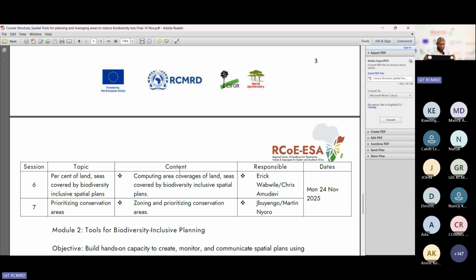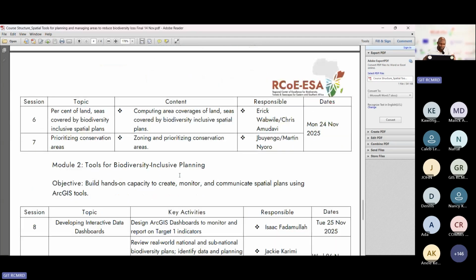Then under session 7, we're looking at prioritization, where we'll be trying to zone and prioritize different sectors of an area for purposes of creating insights in terms of where specifically we can target in terms of conservation, or which areas we can prioritize over others based on the prevailing conditions.